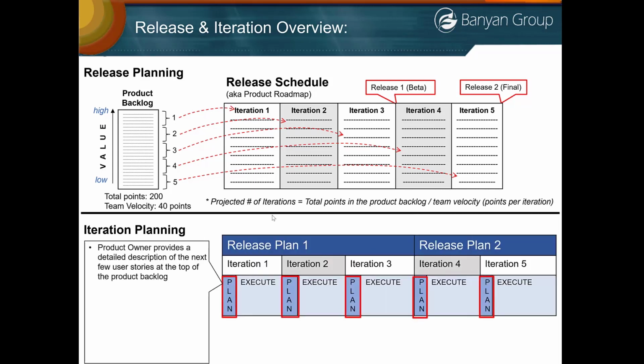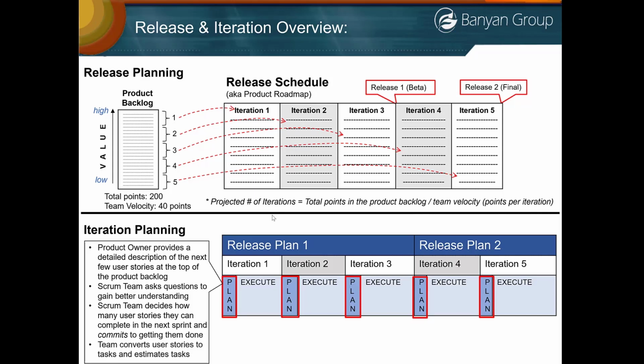As we talked about before, the product owner provides a detailed overview of the next few user stories at the top of the product backlog. The Scrum team asks questions to gain better understanding. The Scrum team decides how many user stories they can complete in the next sprint and commits to getting them done. And then the team converts those user stories to tasks and estimates the tasks.